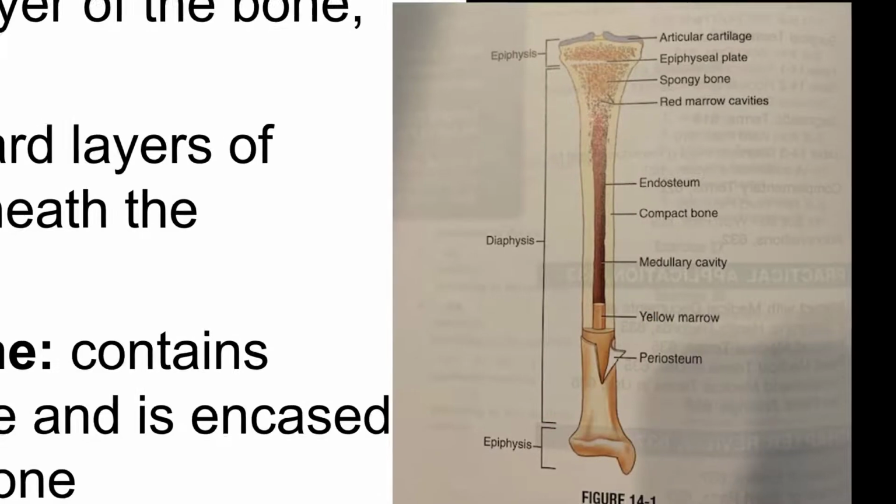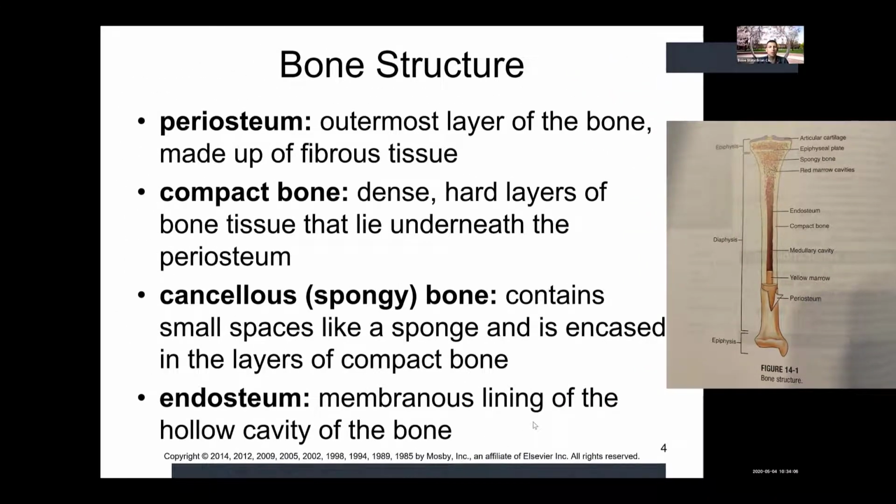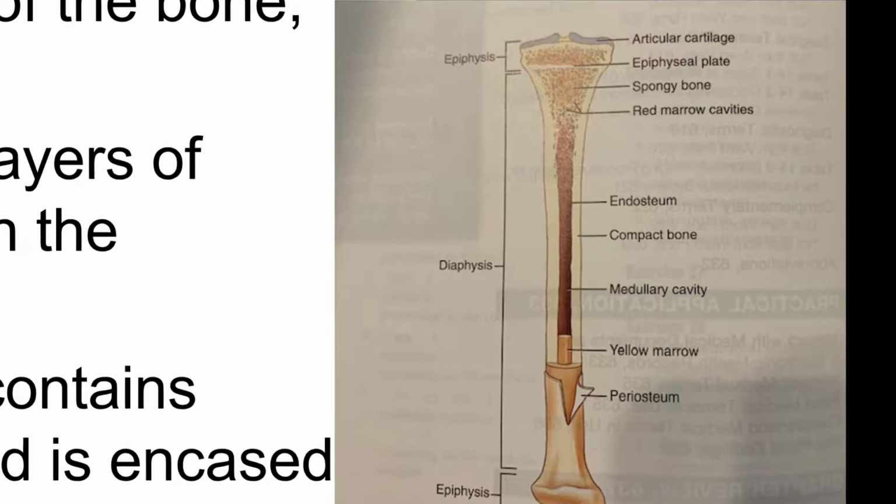After the periosteum, you have the compact bone, which is the really dense layer underneath the periosteum. Then the cancellous, which is often known as the spongy bone because it looks spongy. It's got all of those holes in it, so it looks much like a sponge looks. And then the endosteum is the inner part of the bone.